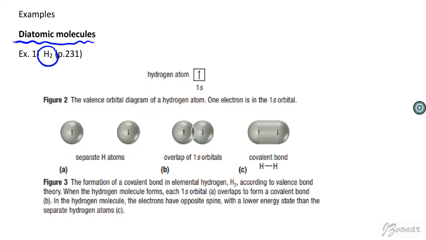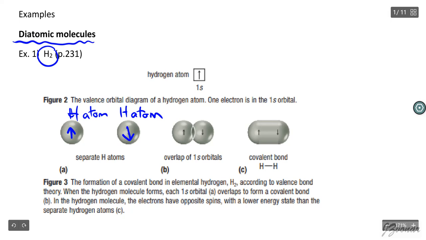And so this here shows one hydrogen atom, a hydrogen atom with one valence electron. And this one here is another hydrogen atom with one valence electron. Notice that the electron in each of these has an opposite spin. So one is spinning down and one is spinning up.